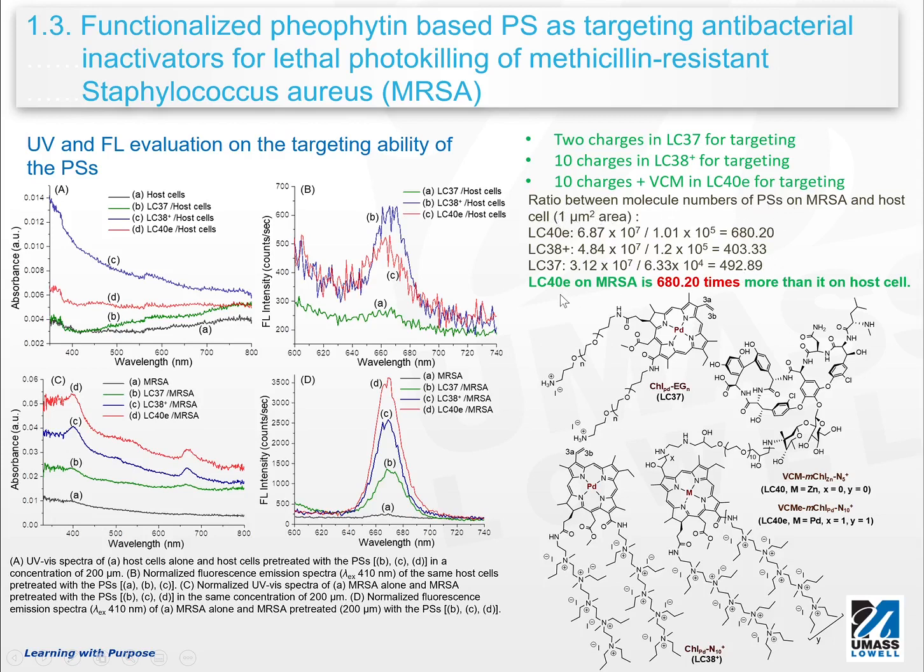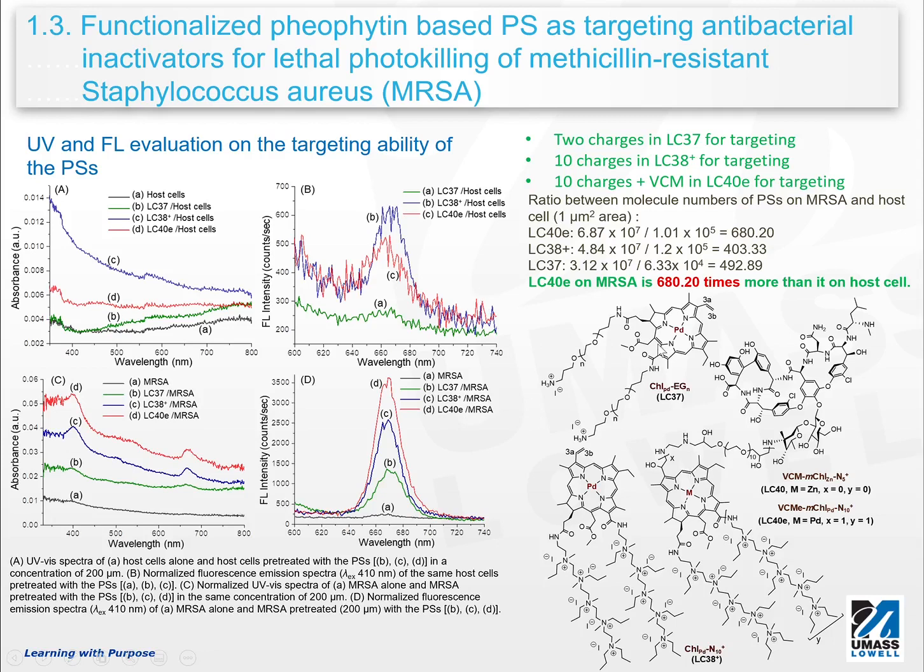Especially for LC30E, the targeting ability on MRSA is almost 680 times higher than it on the host cell. So that means LC30E has much more targeting efficiency on the MRSA compared with the host cell.